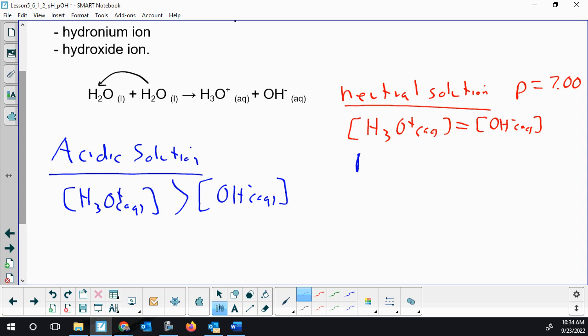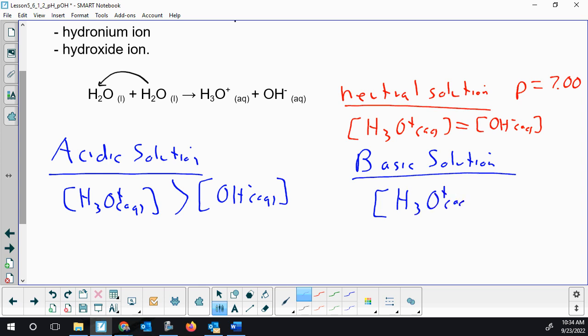A basic solution, I'm just going to flip the inequality. We're going to have a greater hydroxide concentration. So some base was added to water.